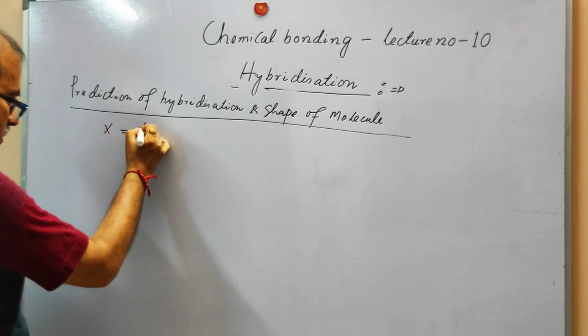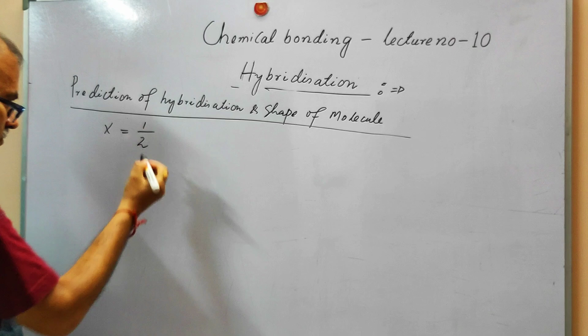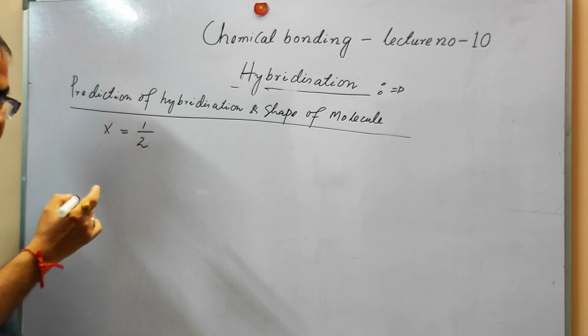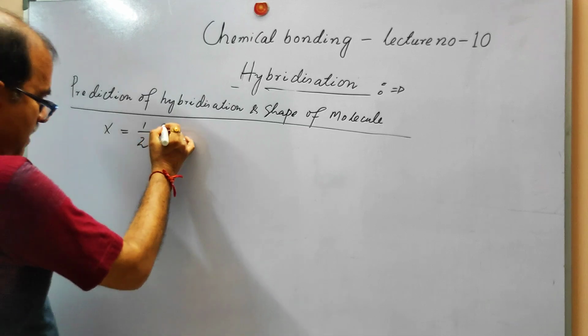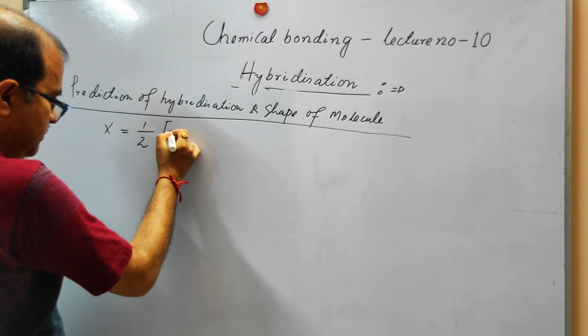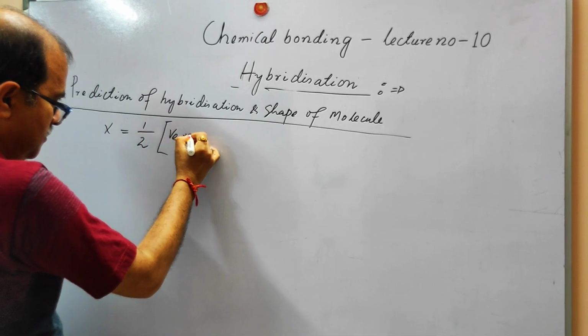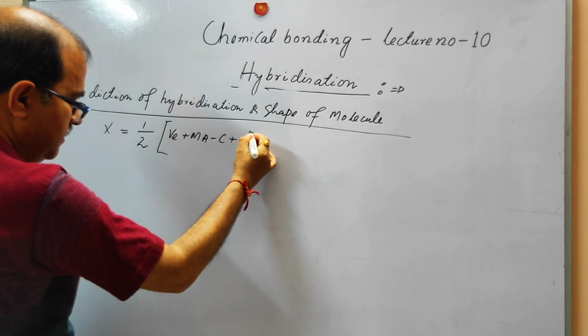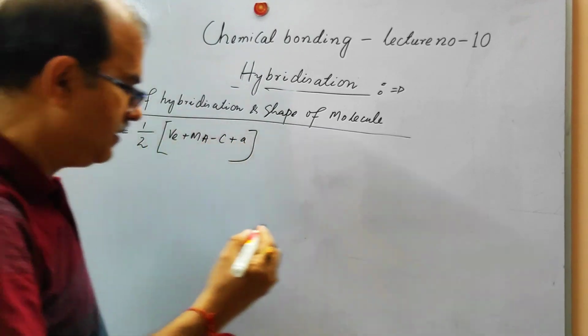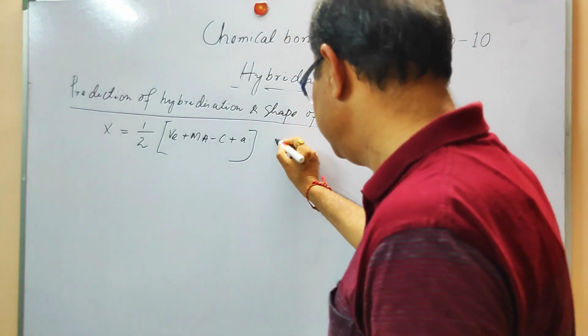This is a very important formula that we must remember. X is the physical quantity, and its formula is V plus Ma minus C plus A. Let us understand what V is.